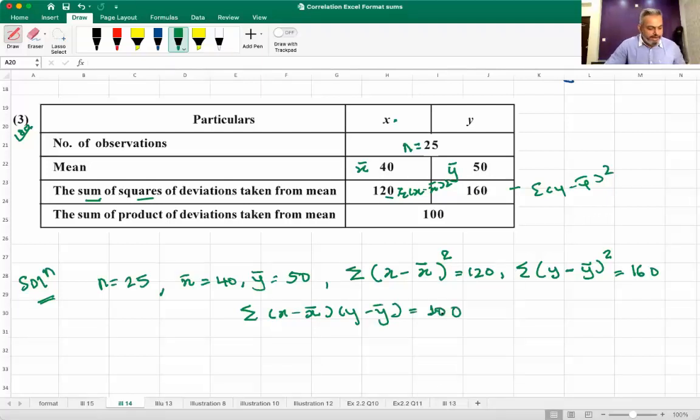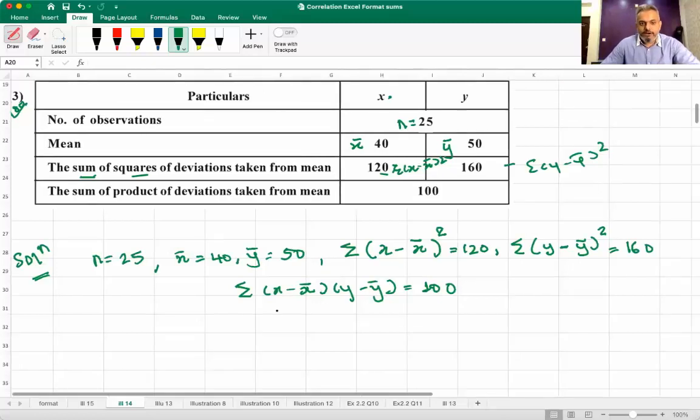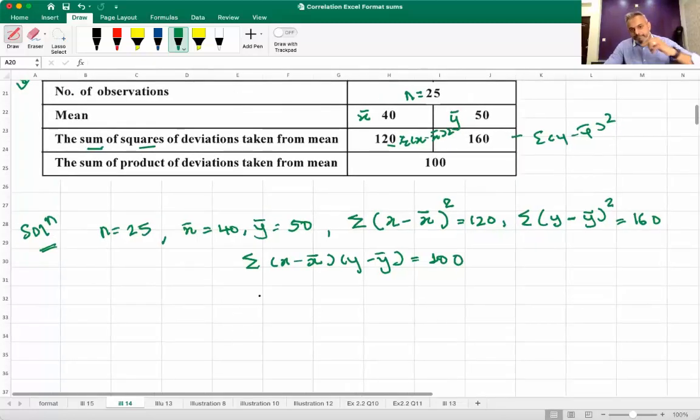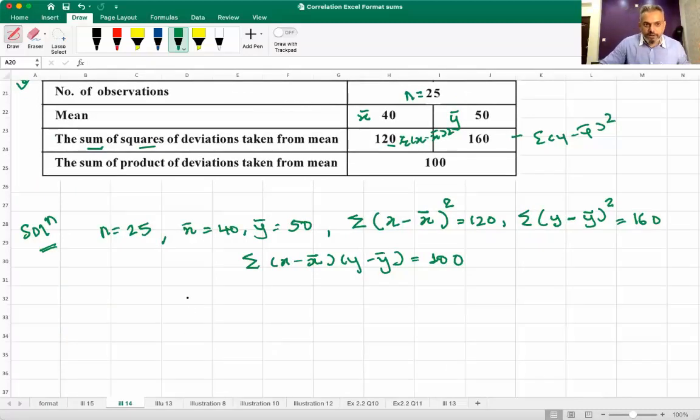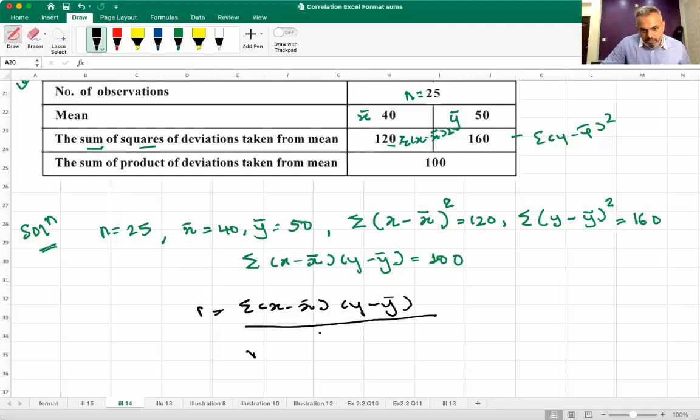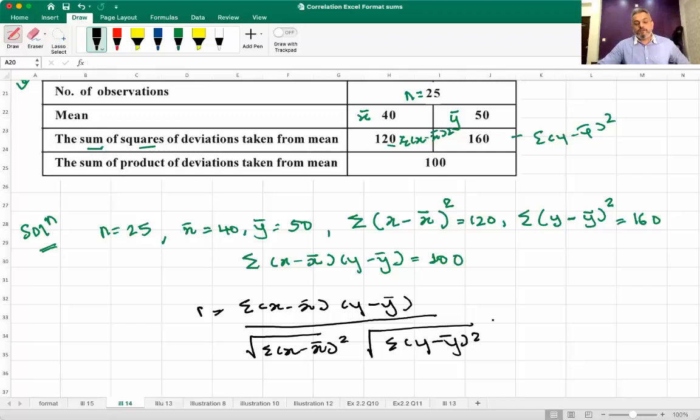We have to find R. Now over here, although you can find standard deviation and use covariance, but not required at all. It was just for your academic purpose. You directly R is equal to sigma x minus x bar y minus y bar upon under root of sigma x minus x bar the whole square into under root sigma y minus y bar the whole square.